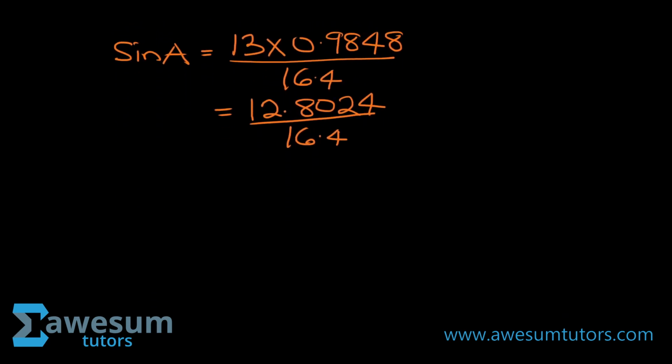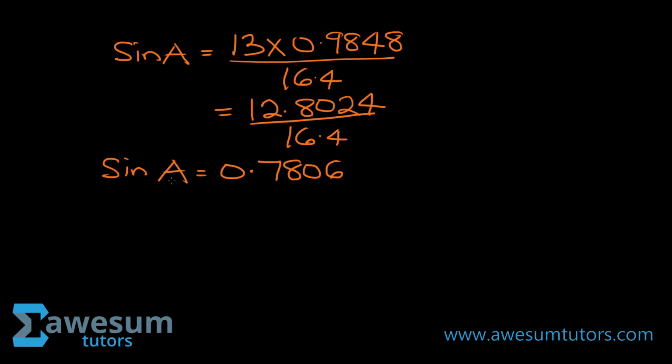We are getting somewhere. So my sine A, if you divide 12.8024 by 16.4, gives me 0.7806. Please verify all this with your calculator. Now we have sine A to be this.